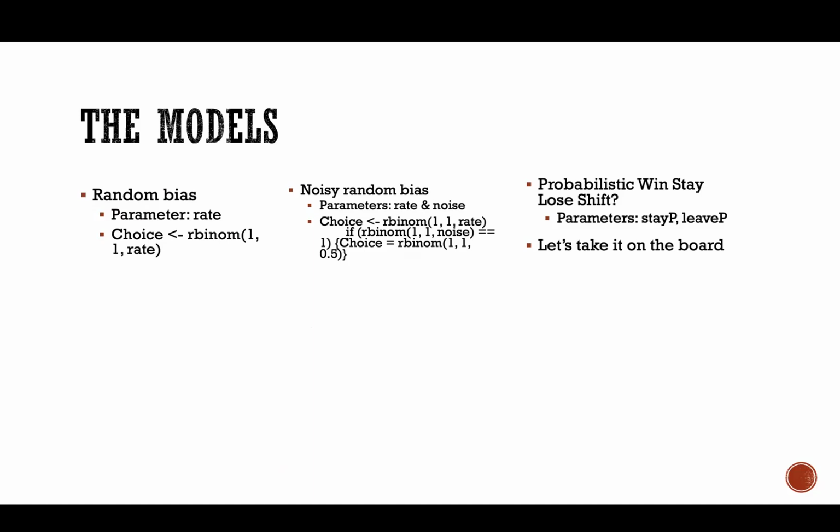If instead we won and the choice was left, then we want a minus, because that is going to decrease our probability of picking 1, right? Because we won by playing left, and therefore we want to stay on the left. We don't want to go to the right. Does that make sense?